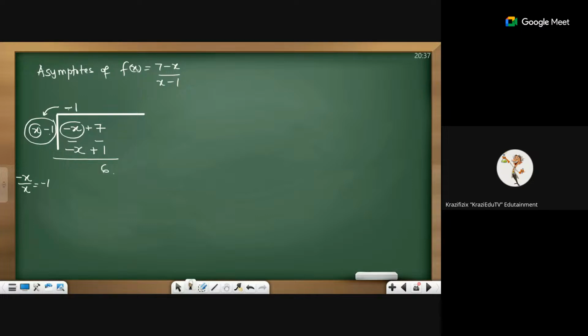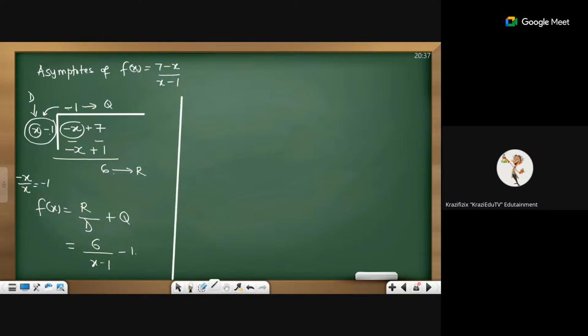That x already has cancelled out. This is known as your remainder. This is known as your quotient. And this is known as your divisor. F of x is always the remainder over the divisor plus the quotient. What is your 6 over x minus 1?